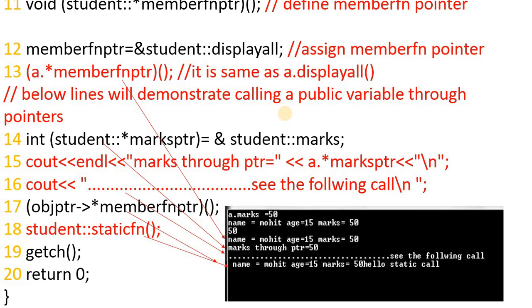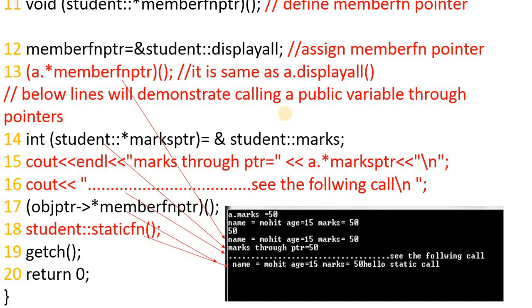After that, you can see line 13. You can call a.star member function pointer function. That means the display all function will be brought out here because display all was initialized with a member function pointer in line number 13. You can see the output which is coming, the entire thing whatever it was printing through a.display all is now coming in a different way through pointer.